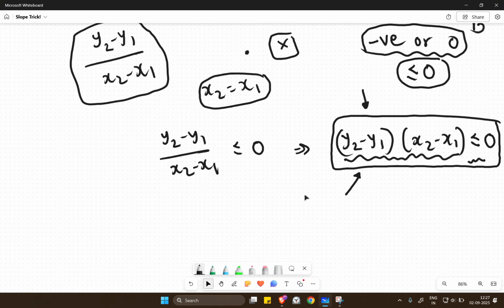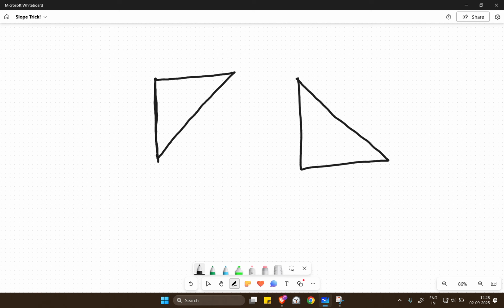The logic here is that you must not have a right angle triangle whose sides align with the coordinate axes, like this, or like this, or like this, and one more triangle. What am I missing? Yes, this triangle.